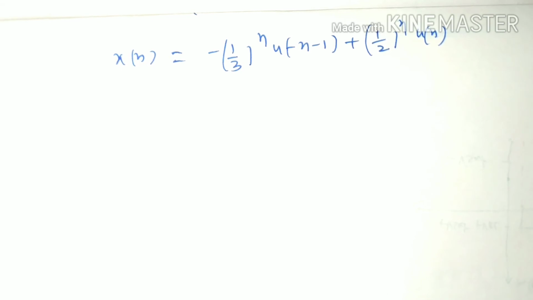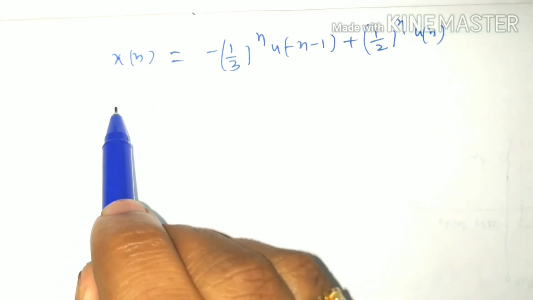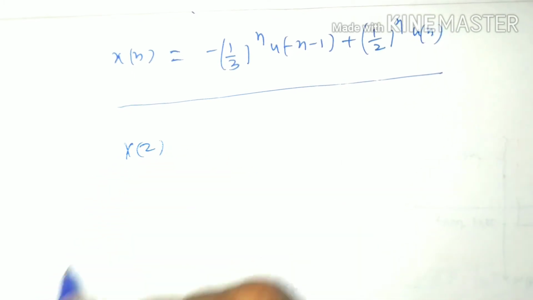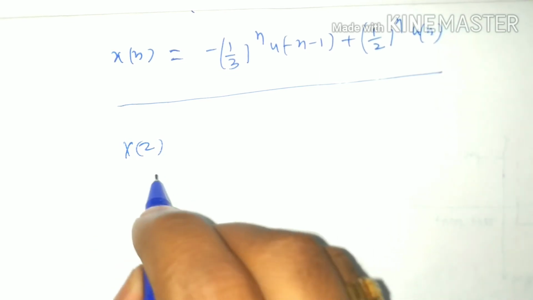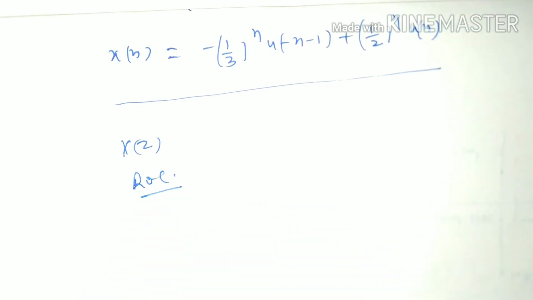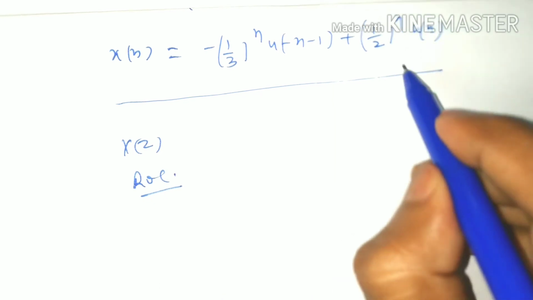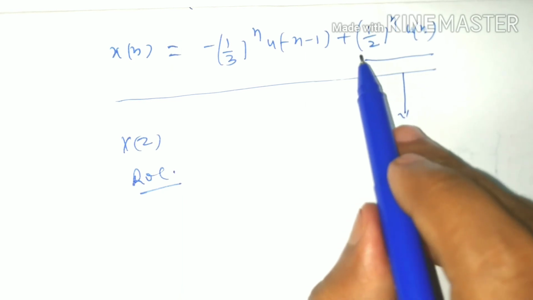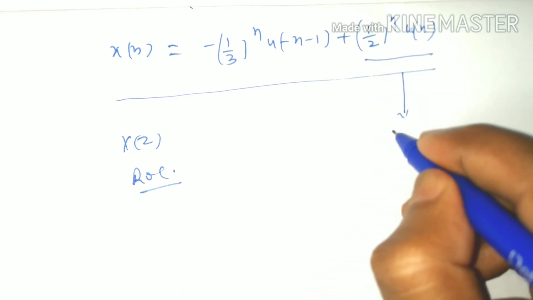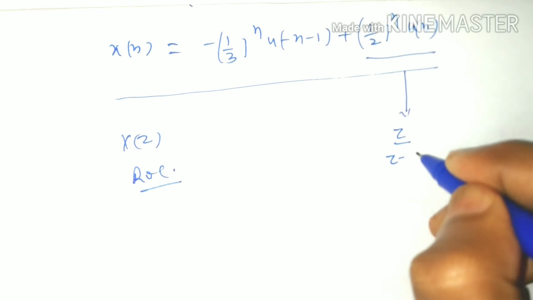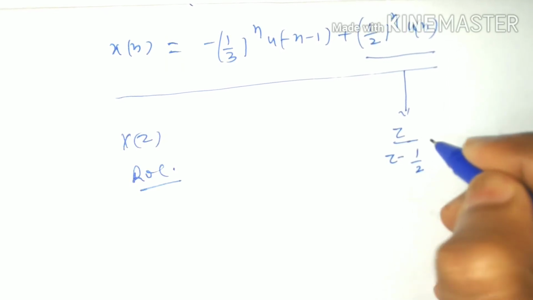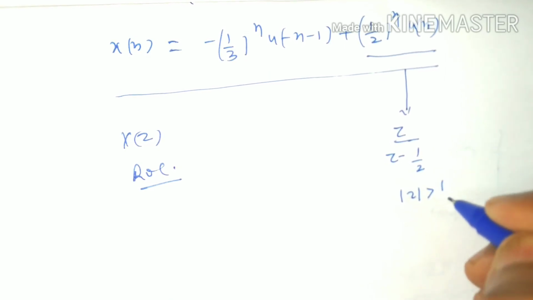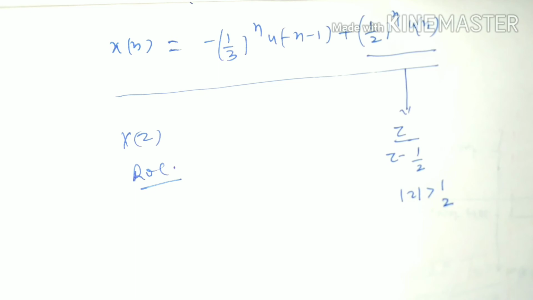Now we are going to discuss another problem. Let a signal be this one, and we have to find its Z transform, and also the ROC of the corresponding Z transform. We know that the Z transform of this signal, because it is a right handed sequence, will be Z by Z minus a, and its ROC will be modulus of Z greater than 1 by 2.